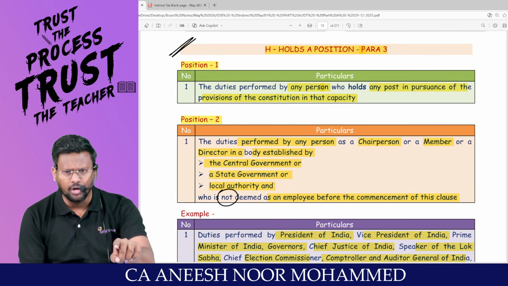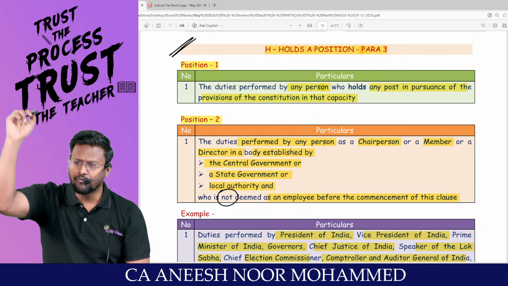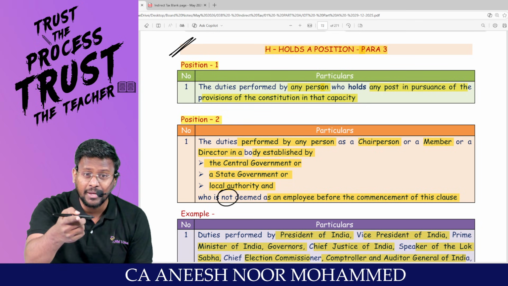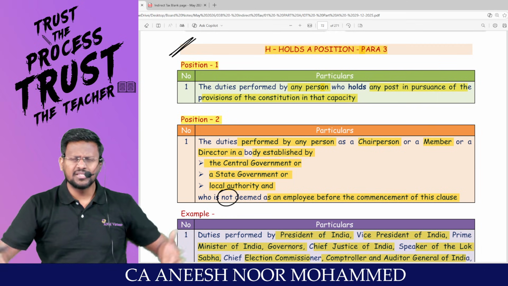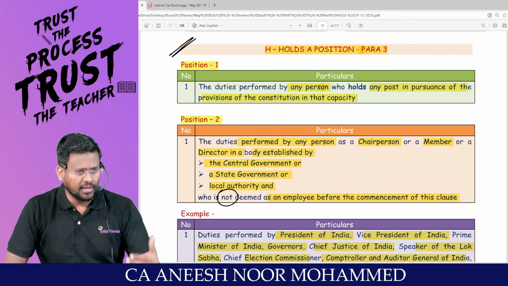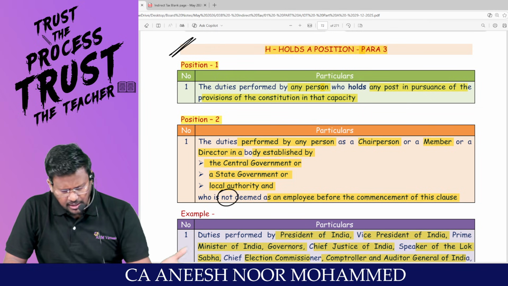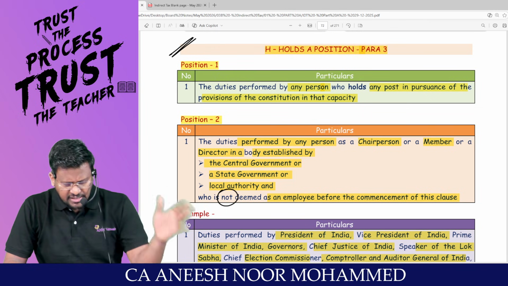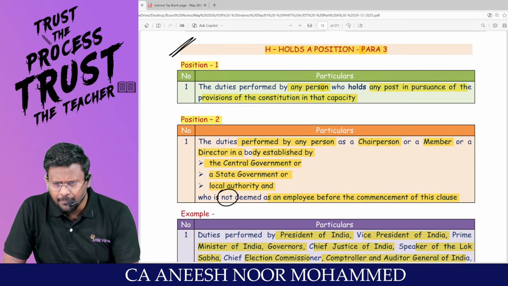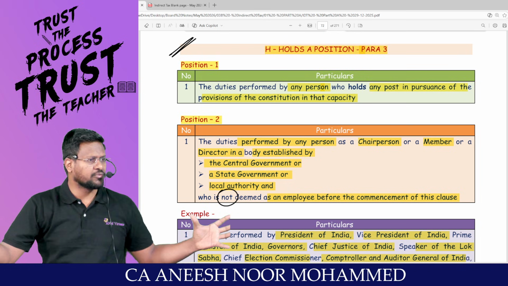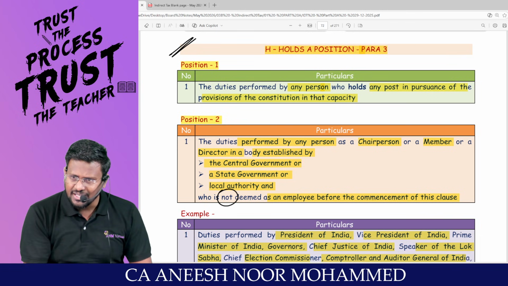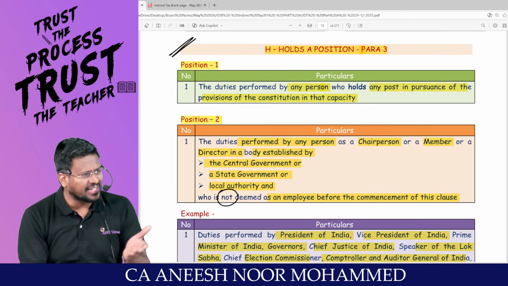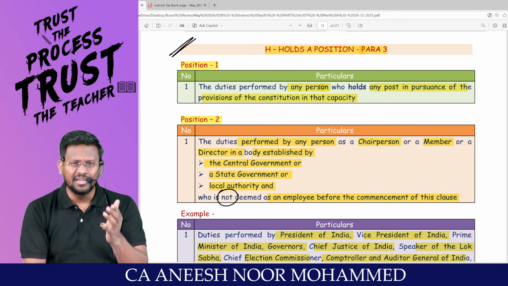Because in that body, if I am an employee, I will fall under the clause of service provided by employee to the employer. Am I right? So, the central government, for providing various services to general people, will be setting up various bodies. Sports bodies, health commissions will be there. In that you are acting as a chairperson, as a member, as a director.